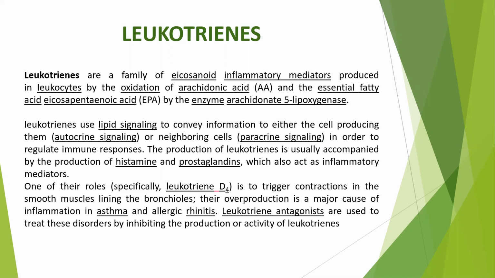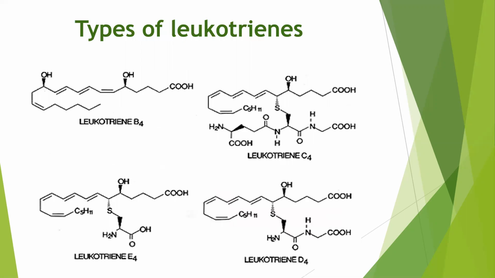Their overproduction is a major cause of inflammation in asthma and allergic rhinitis, and leukotriene antagonists are used to treat these disorders by inhibiting the production or activity of leukotrienes. This is the introduction of leukotrienes.